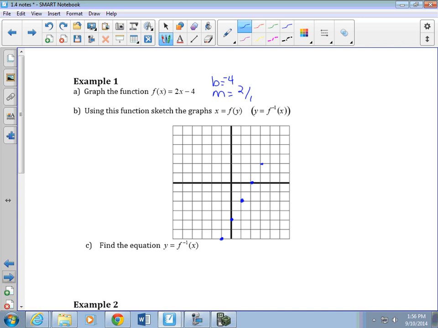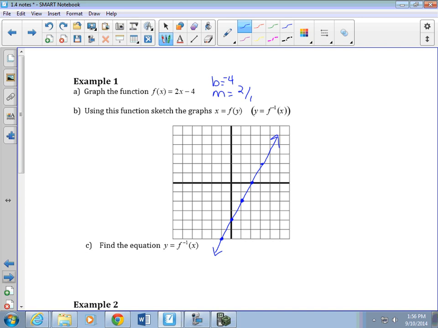Okay, so if I draw my line, try to make it straight. And this is where using a straight edge, doesn't have to be a ruler, but just a straight edge, will help you. It says, using this function, sketch the graph of x equals f(y), or y equals the inverse function of x.